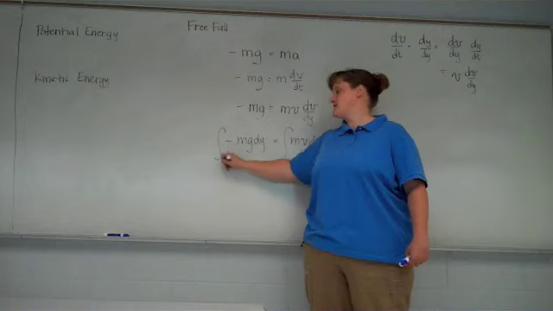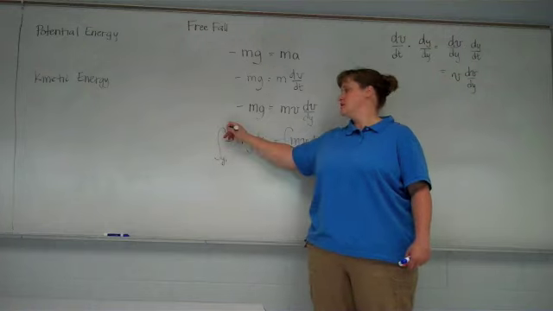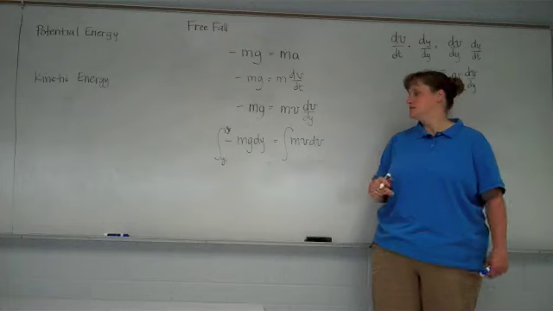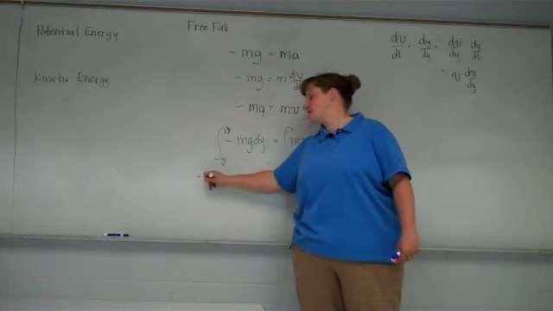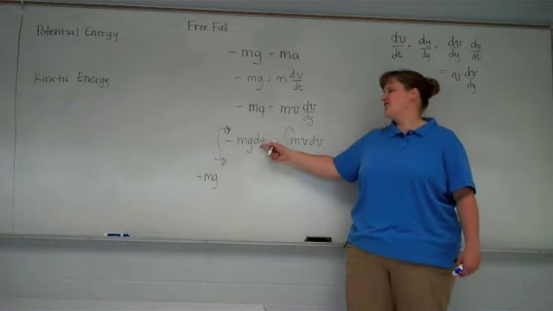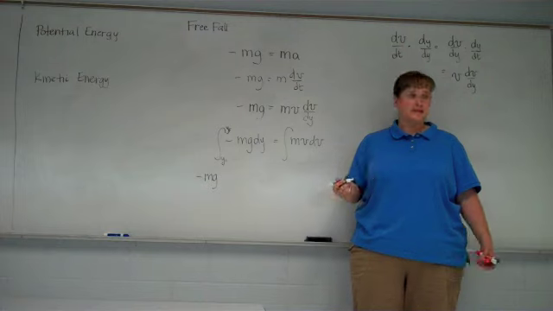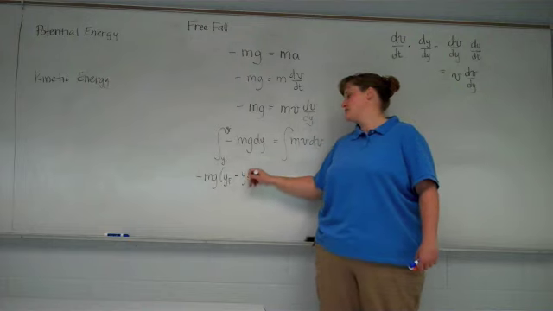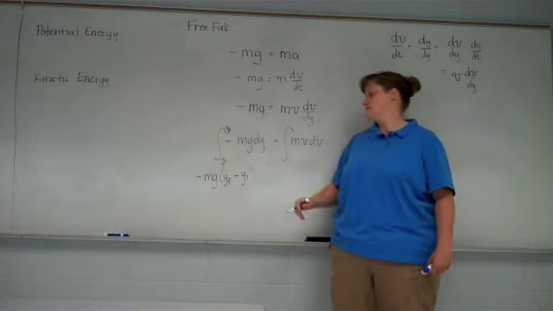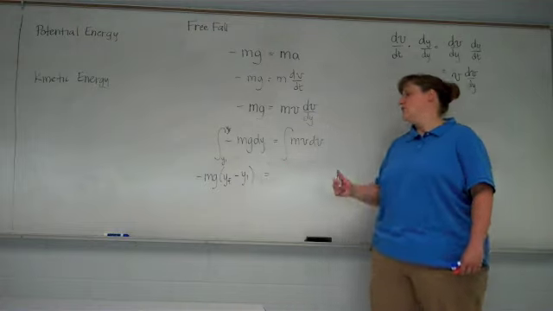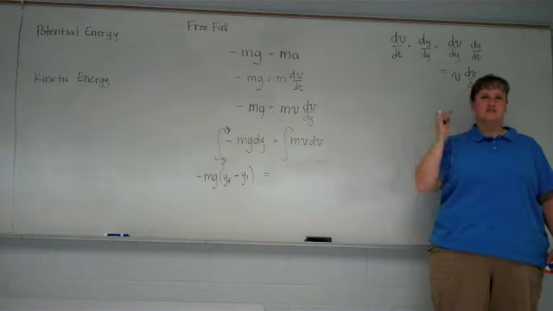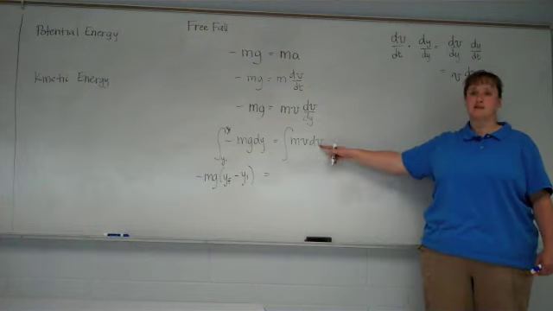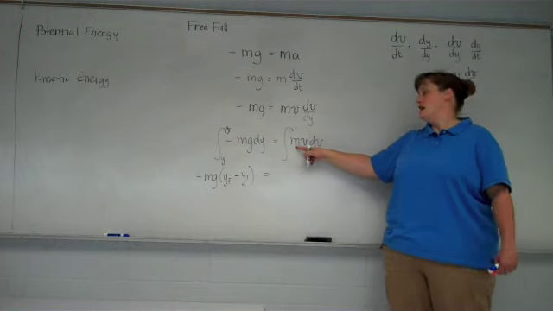My limits need to be from some initial y value to some final y value. So negative mg is a constant. Integral of dy is simply going to be y. Plugging in the limits, we're going to get y final minus y initial. What's the variable on the right-hand side? It's what, sorry? v. Exactly right. v, the speed. m's a constant.